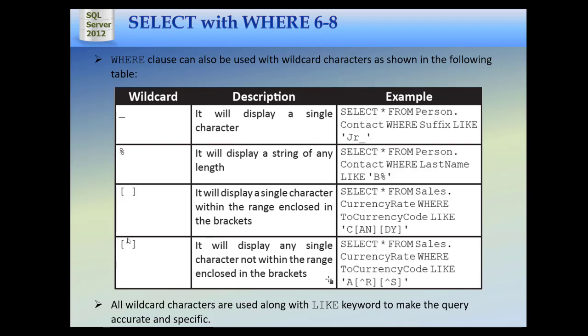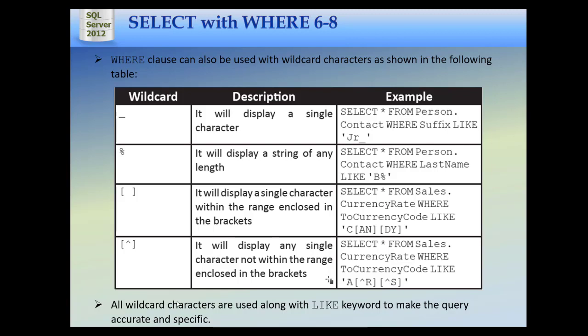Now, this one is used for negation, so it will display any single character not within the range enclosed in the bracket. So select star from sales.currency rate where to currency code like 'A[^R][^S]'. So any letter apart from R and any letter apart from S.